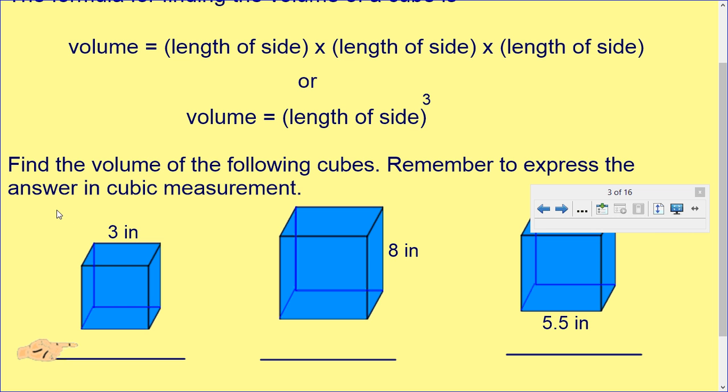So we would have 3 times 3 times 3, and 3 times 3 is 9. 9 times 3 is 27 cubic inches. So remember the length times length times length, or length of the side to the third power. That would give us our answer of 27 cubic inches.